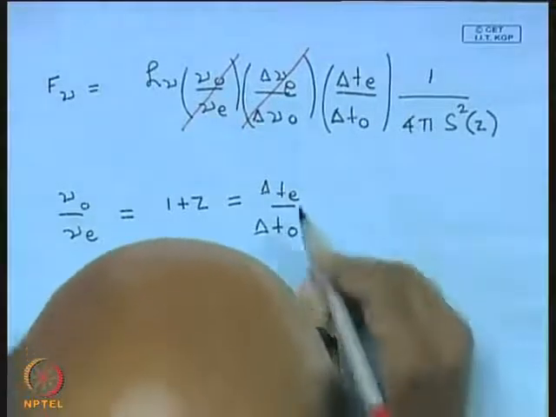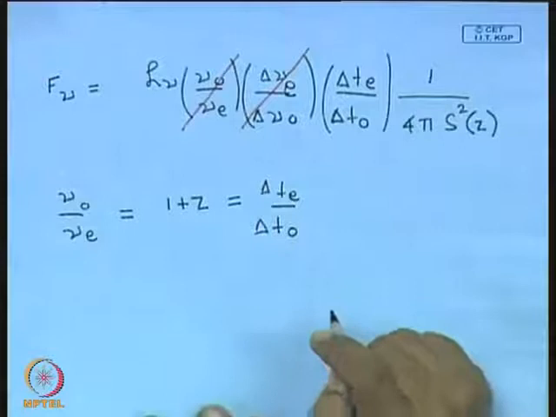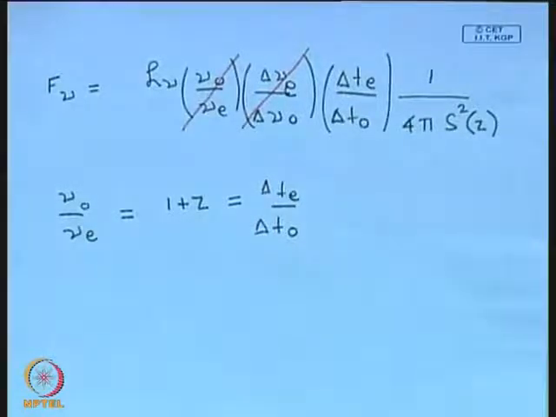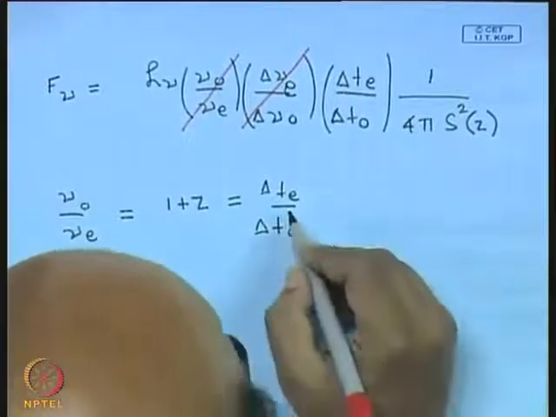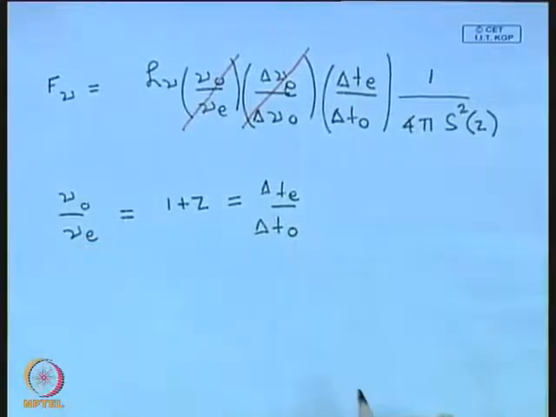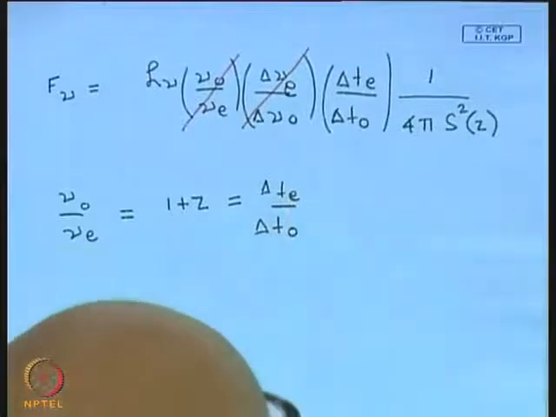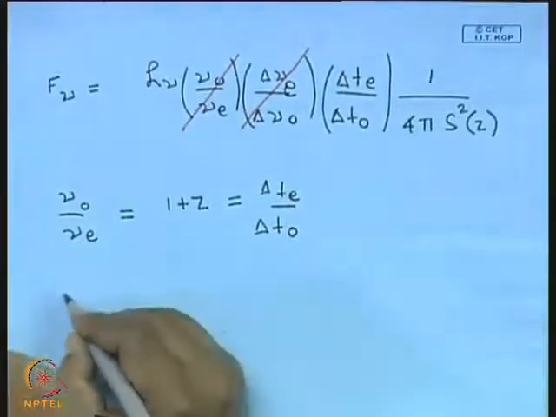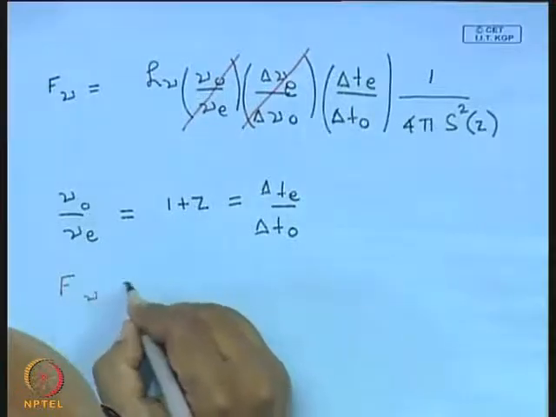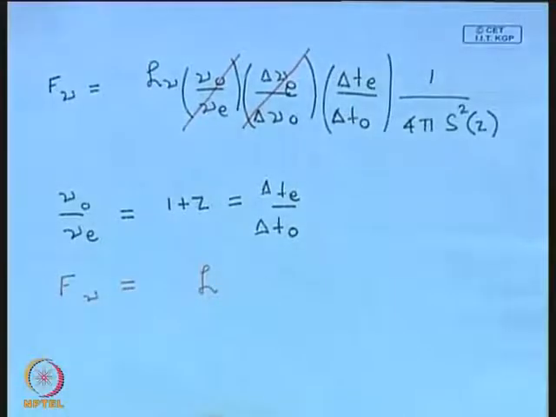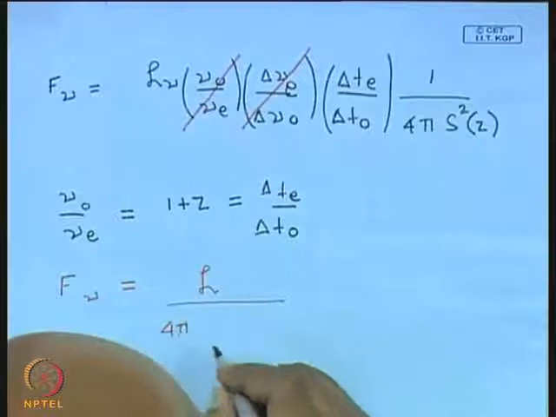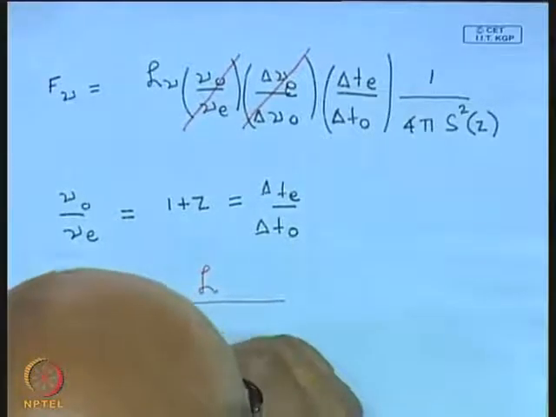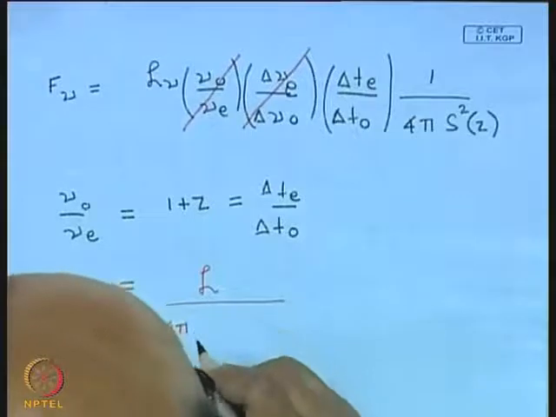So delta T emitted by delta T observed, right, this will be the inverse of this. Have I got this correct?